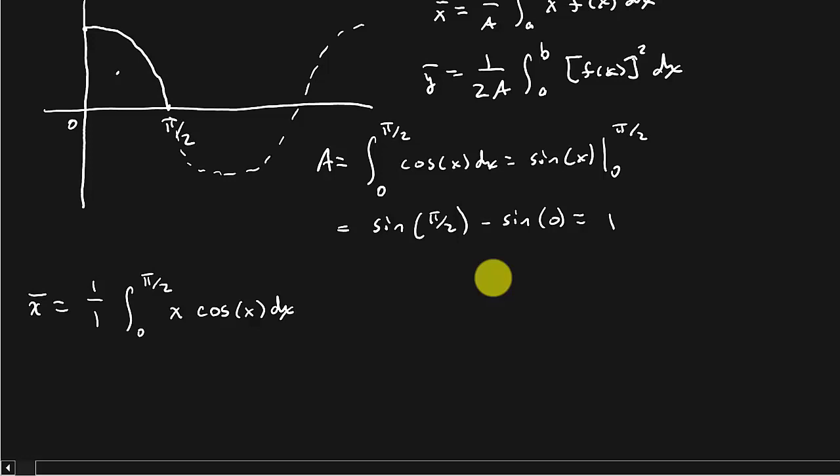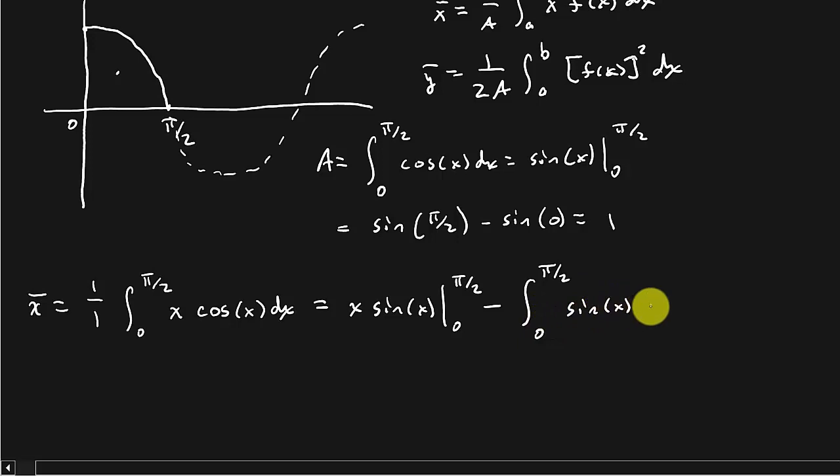I'm going to leave out a few steps, but you should know how to do this. This is just equal to x times sine x from 0 to pi over 2 minus the integral 0 to pi over 2 of sine x dx.